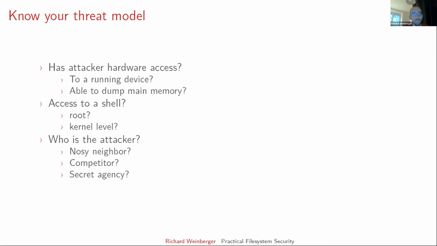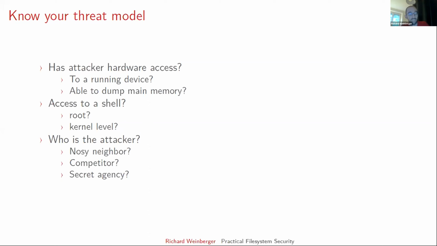And also, who is the attacker? Is it just a nosy neighbor? Is this a market competitor? Or is this a state agency? Depending on the mechanism, you have to think, okay, to keep the nosy neighbor away, I have just a little protection that keeps him away for 2 days, and then he will give up.